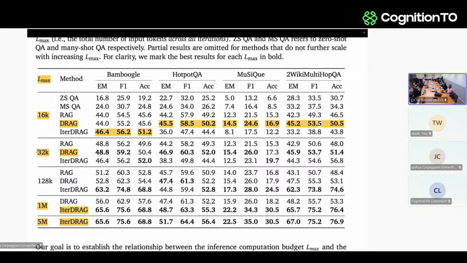What happens if it hits the token budget? Does it just give up, iter-DRAG? I think that's a good point. I'm not exactly sure. I think it might. How do they do the token budget? They say Lmax, it maybe doesn't mean it's a limit, you know?